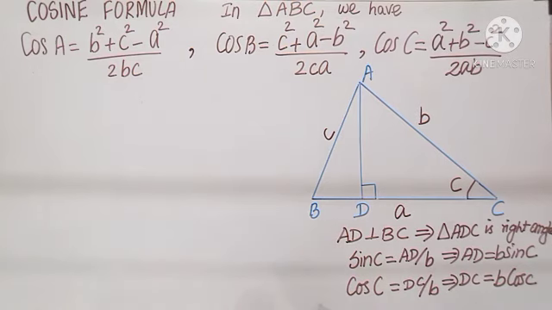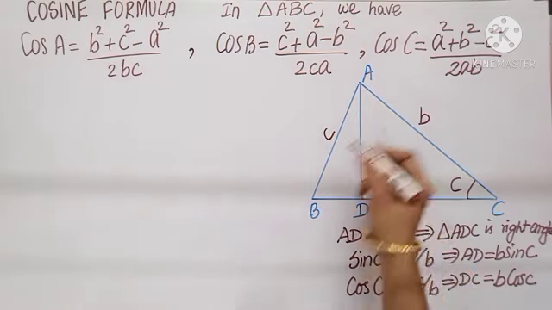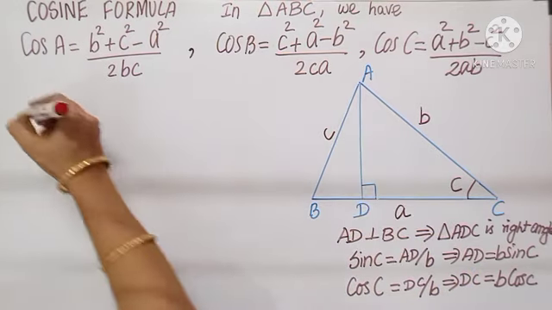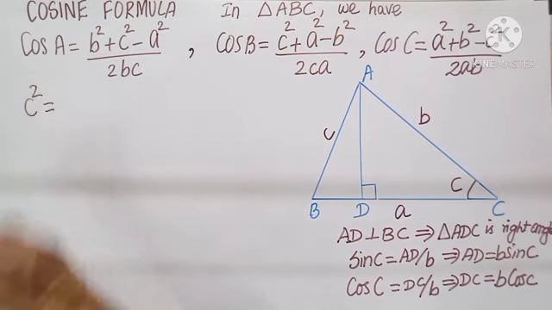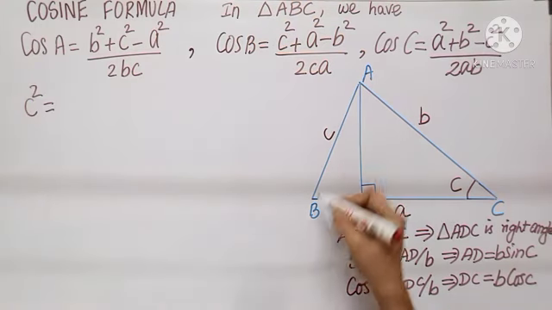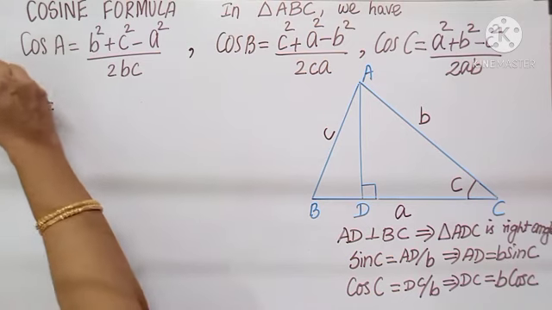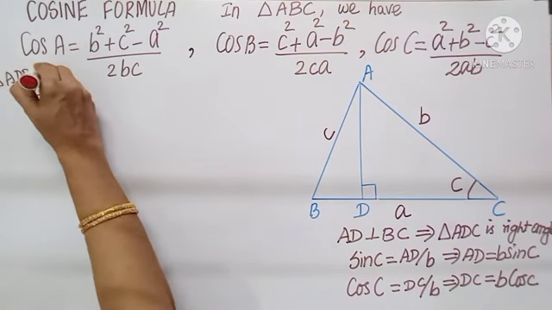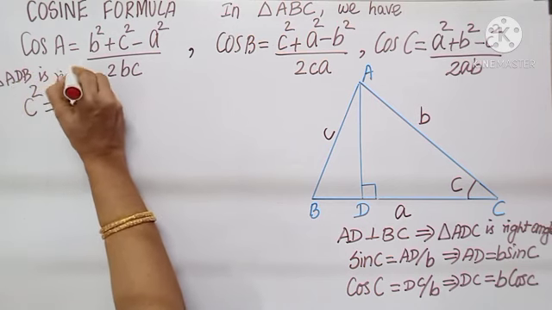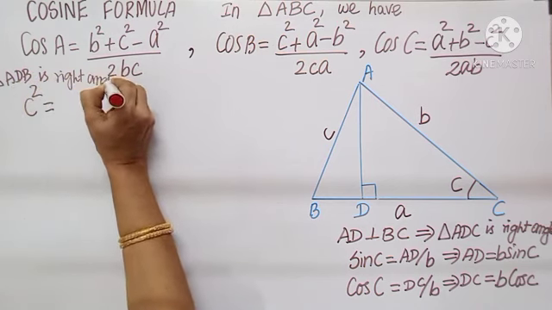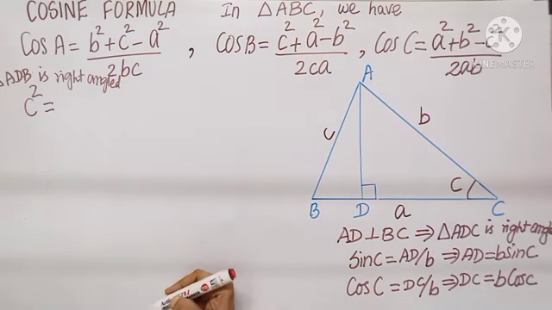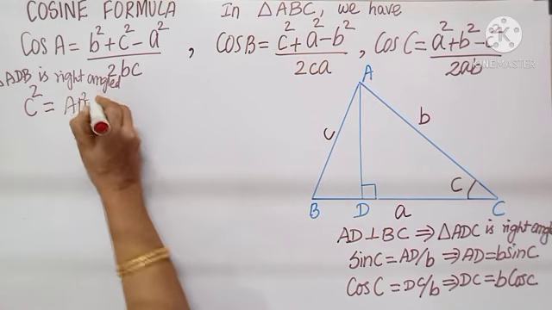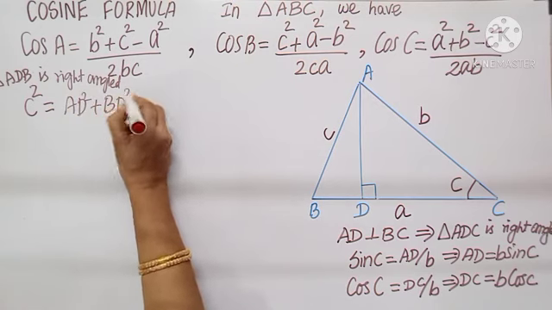Now how to work out this problem? Let me start with one of the squares, c square. This is also a right triangle, triangle ADB is right angled. Because it is right angled, how will I write c square? It is hypotenuse squared, so AD square plus BD square.